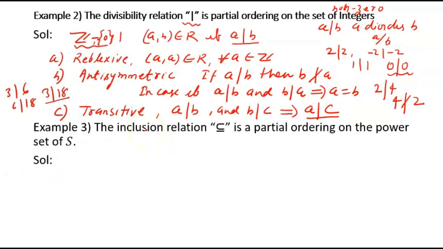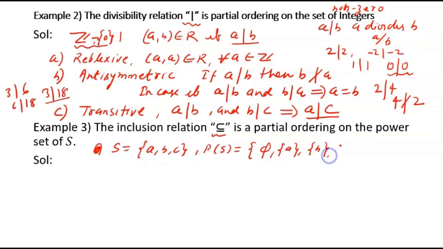Let us take one more example, and this is an important example. The inclusion relation is a partial ordering on the power set of S. Now to understand this, suppose I take a set S, and it has 3 elements A, B, C. First of all, I hope you all know how to write the power set of S. It will have the empty set, A, B, C, {A, B}, {B, C}, and {C, A}, and finally we will also have {A, B, C}.